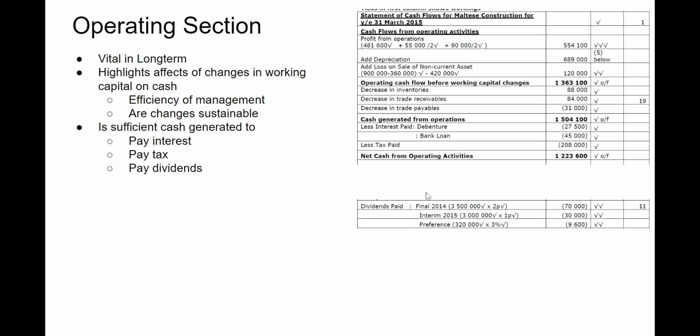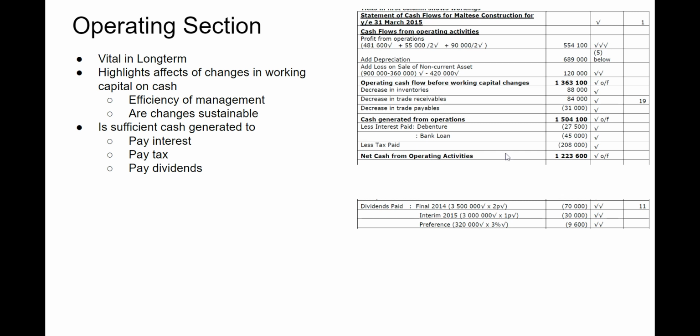And the final thing as well, really, I've pulled this out of the financing section, but the sustainability of the dividends that have actually been paid is also linked to this number, the cash generated from the operations, and also the net cash from the operating activities after we've paid the interest and the tax.